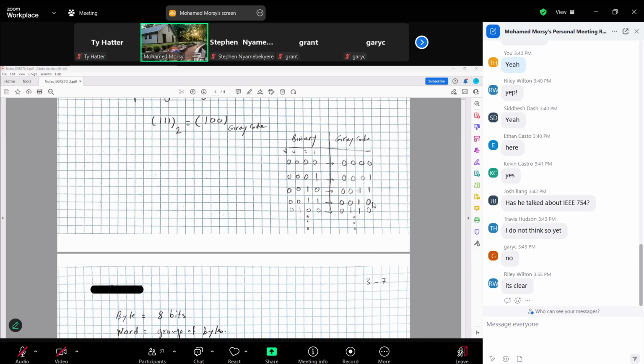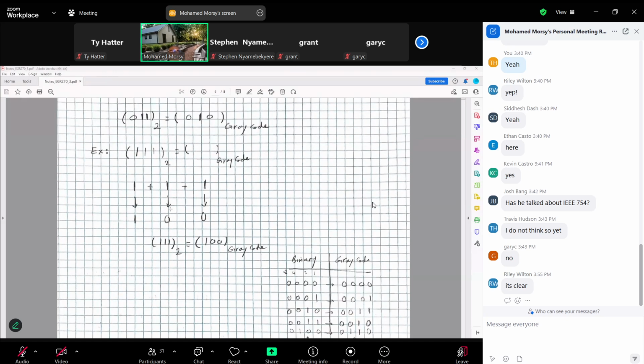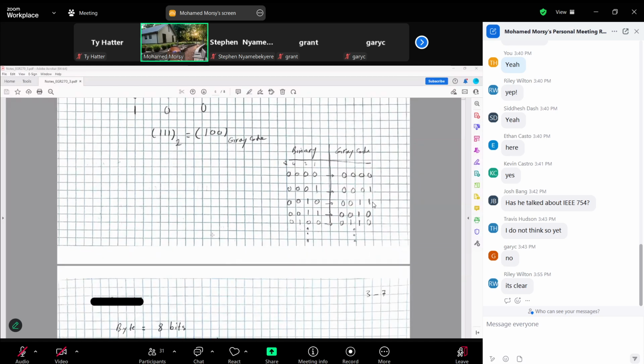So this is the corresponding gray code for 0010. Any binary number here is converted to the gray code using the same approach we did. So we don't have an issue with that.